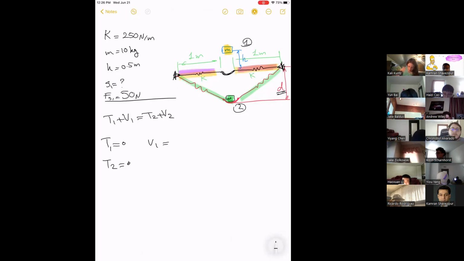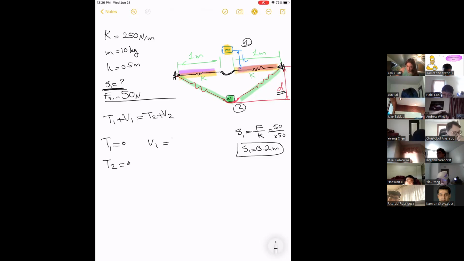Can I use this to find S1, the initial deformation of the spring? Of course, you have the force, so S is going to be F divided by K, which is 50 divided by 250, and your S1 is going to be 0.2 meter.